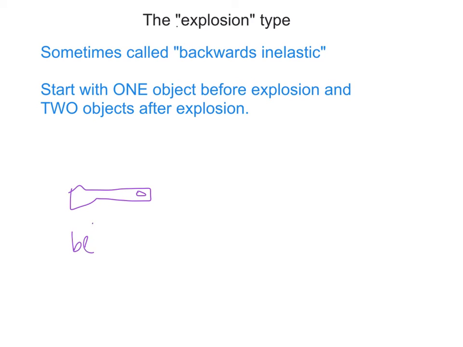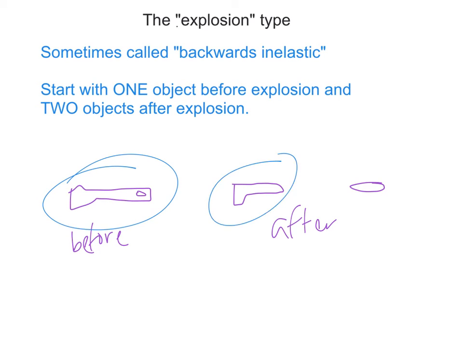Before the explosion happens, we have one object, and afterwards we end up with the rifle and the bullet. I know my bullet's changed size, but you can see there is one object before and two objects after.